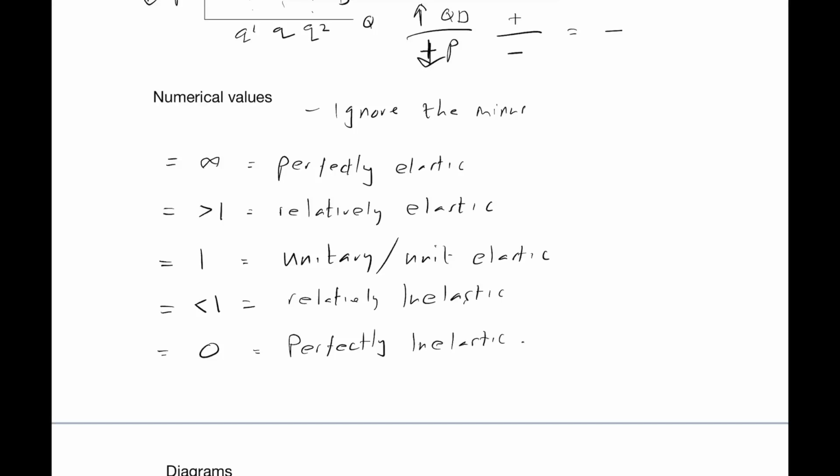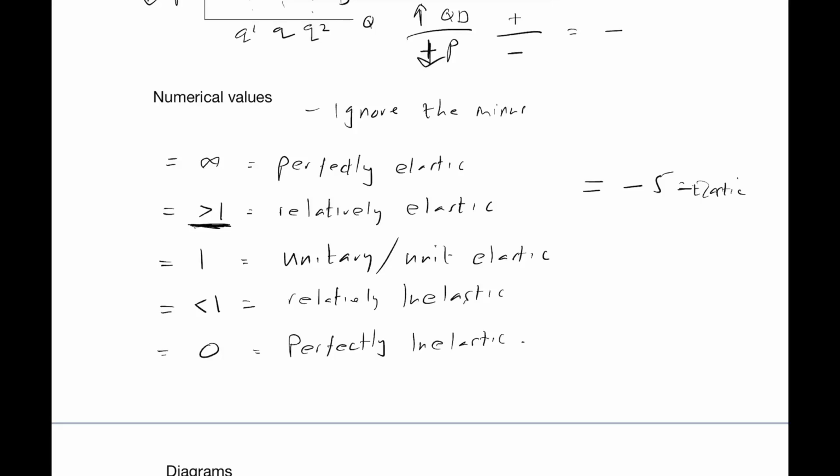Okay, now, so for an example then, if you were asked to calculate the price elasticity of demand in the exam and the answer is equal to -5, we're going to ignore the minus, so it's a 5, and 5 is greater than 1, so therefore the product will be elastic.